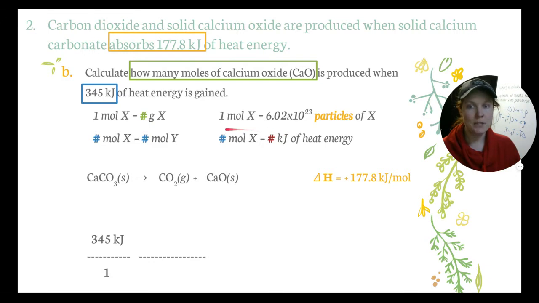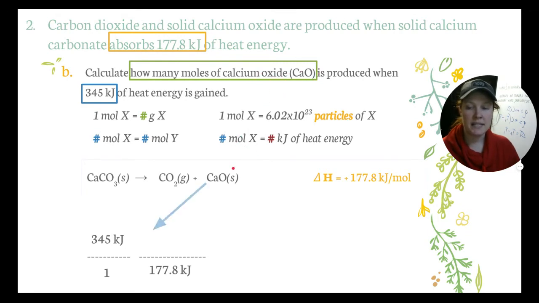Well, there's only one conversion factor that has kilojoules in it, and it's this bottom right one. So we are going to put kilojoules on the bottom. Remember, this number of kilojoules of heat energy comes directly from your balanced thermochemical equation. So we have 177.8 kilojoules per mole of, and in this case, we're trying to get to calcium oxide.